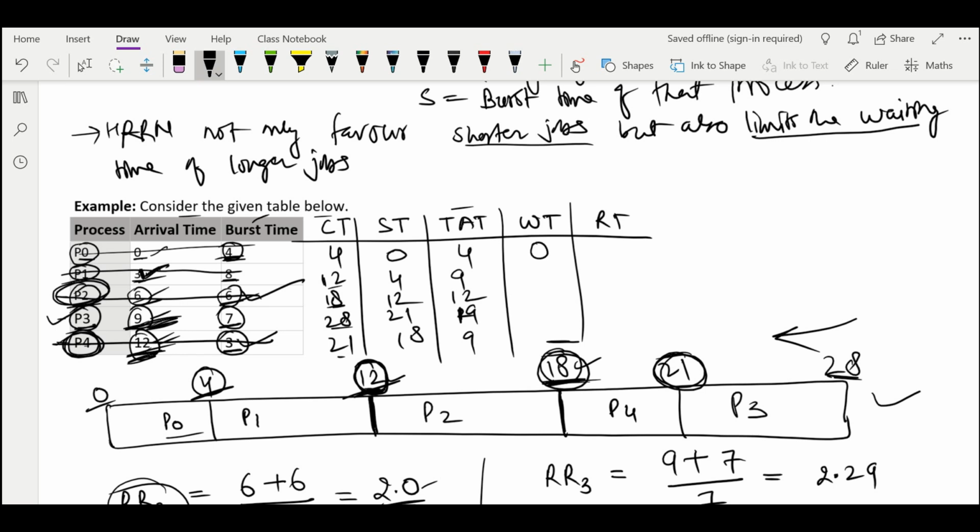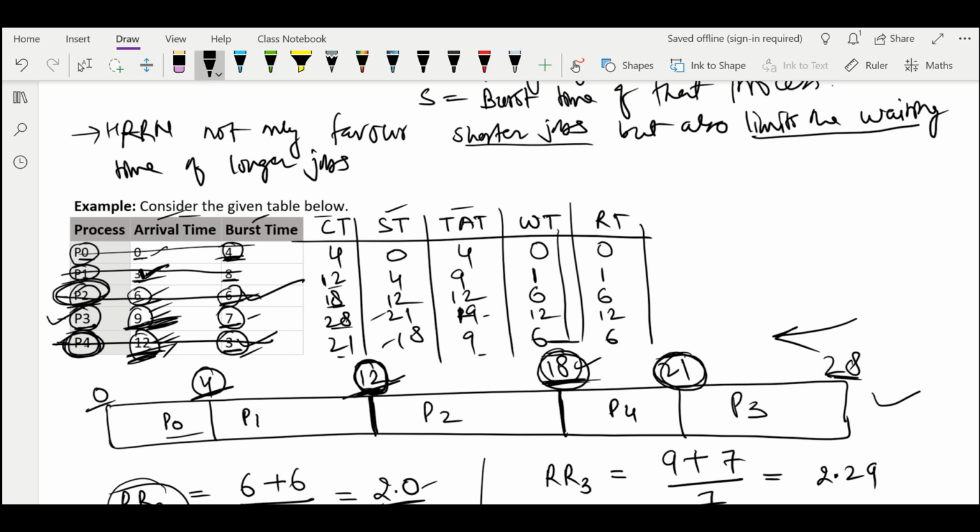So 4 minus 4 is 0, 9 minus 8 is 1, 12 minus 6 is 6, 19 minus 7 is 12, 9 minus 3 is 6. And response time, start time minus arrival time. So 0, 4 minus 3 is 1, 12 minus 6 is 6, 21 minus 9 is 12, and 18 minus 12 is 6. So response time and wait time in this case are the same, but not always the case.